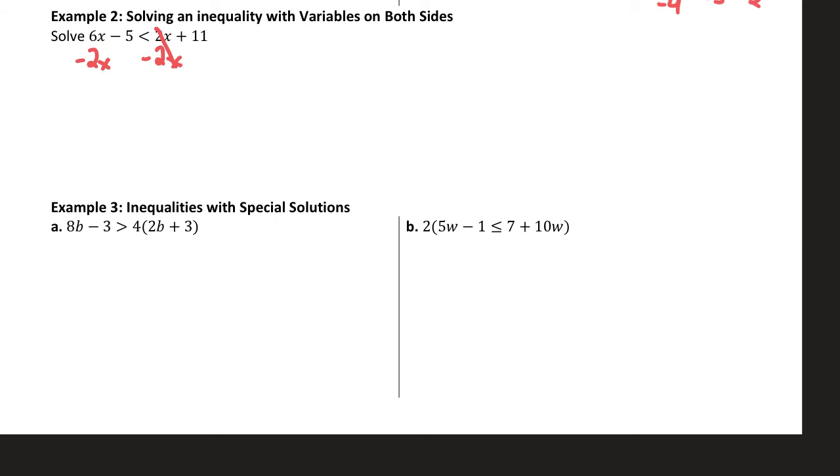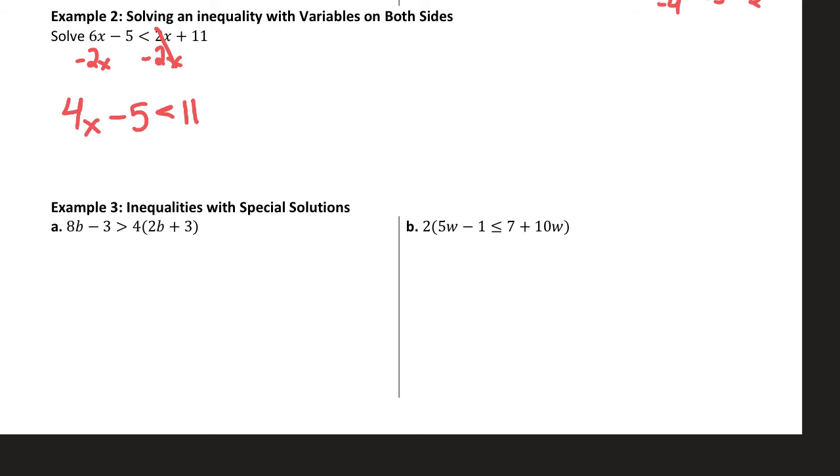Here it's really important that you show your work because this helps you remember how to solve these types of inequalities. So if I subtract 2x from both sides, the left-hand side turns into 4x minus 5 is less than 11 because 2x minus 2x eliminates.